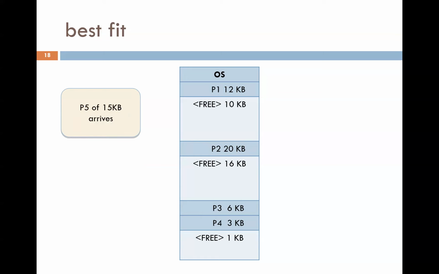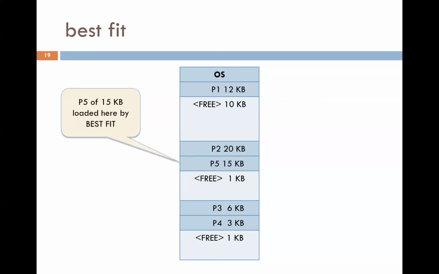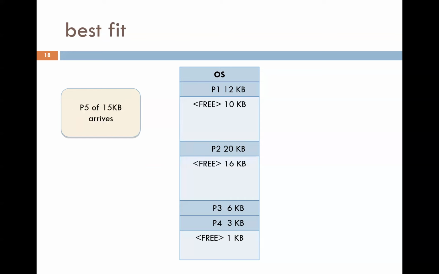Suppose a new process arrives, P5 of 15 KB. Again, it starts searching the entire list of free holes. It will search 10 KB, it is not large enough. Then 16 KB, yes. After that there are no free holes available, because the remainder is internal to process P4 and we cannot use it.